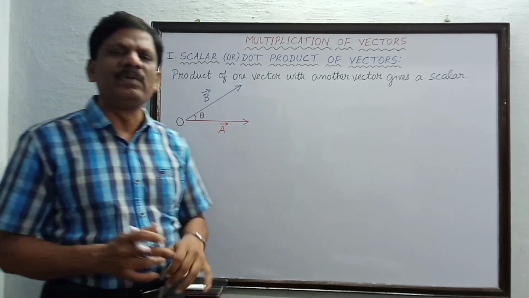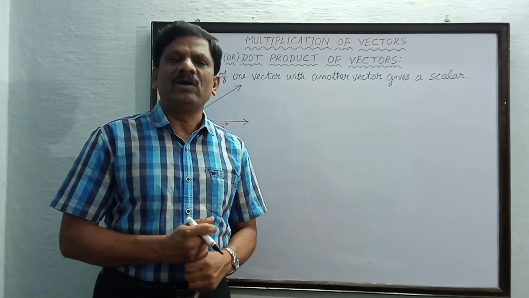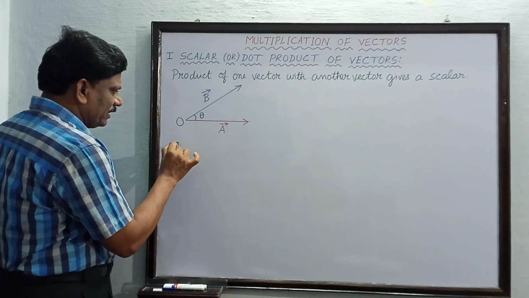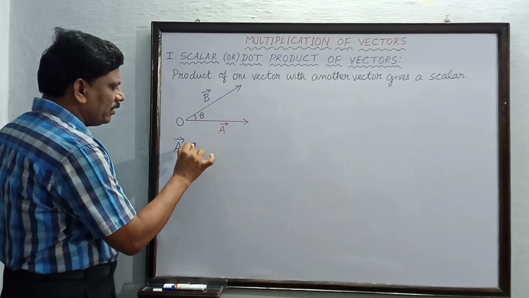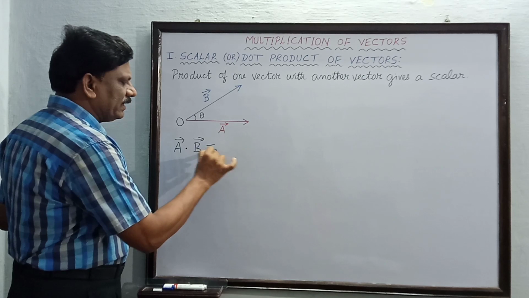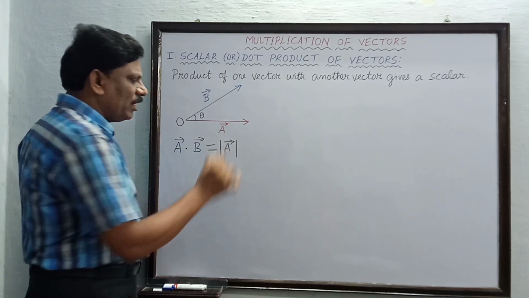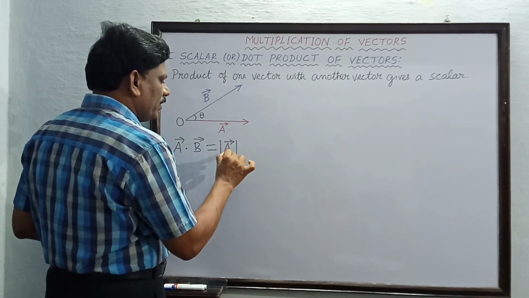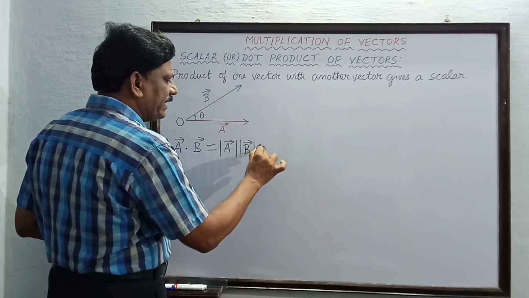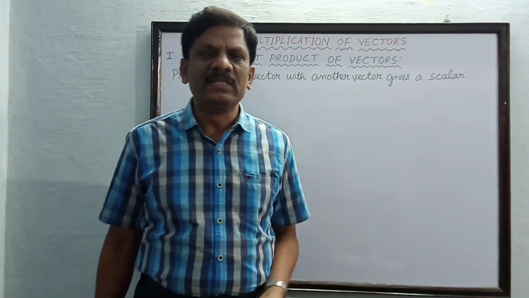So I am going to multiply the two vectors A and B. Mathematically, the dot product of two vectors A and B is written as A dot B. And the product of these two vectors is equal to the multiplication of the modulus of vector A into the modulus of vector B and the cosine of the angle between the two vectors.